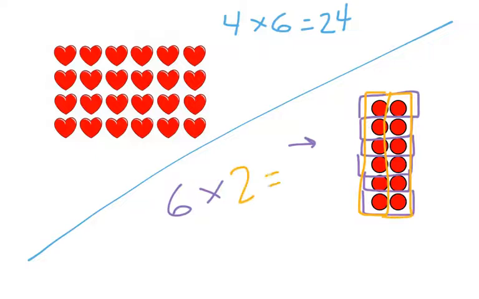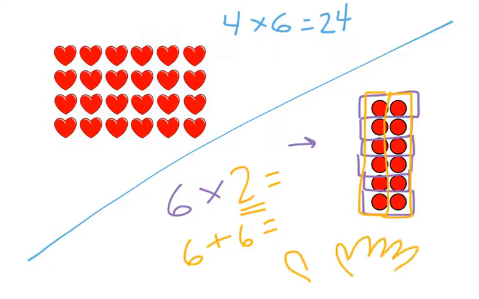Oh, I remember from yesterday, when we have anything times 2, we can either double the other number, which is 6, 6 plus 6, or we could put up 6 fingers, 1, 2, 3, 4, 5, 6 and we could count by 2 on each one of those fingers. So 2, 4, 6, 8, 10, 12. So 6 plus 6 is 12, 6 times 2 is 12.